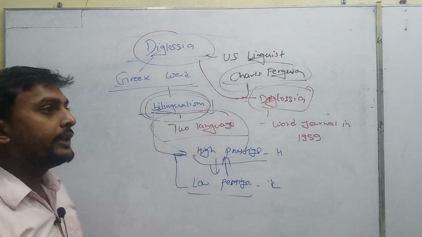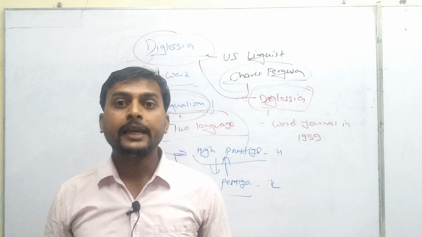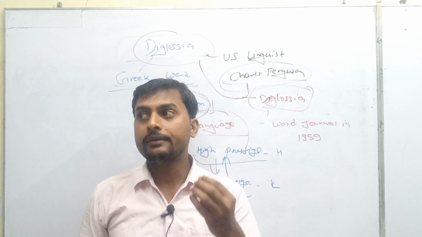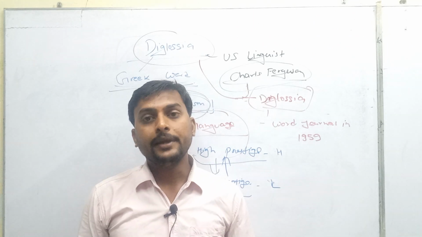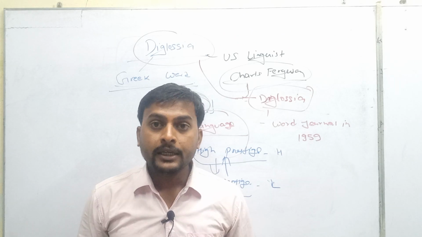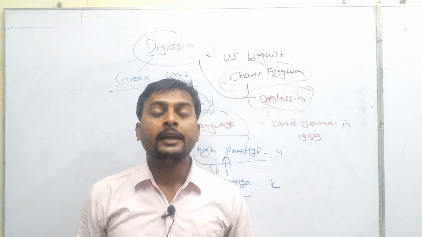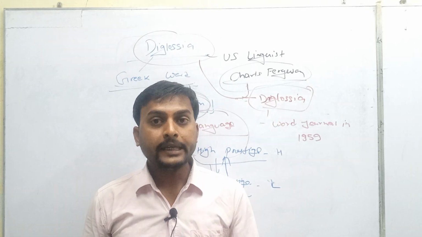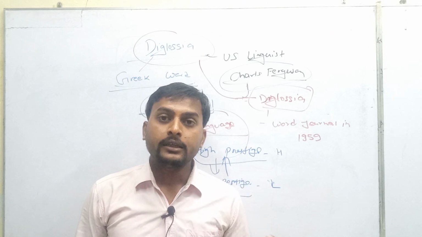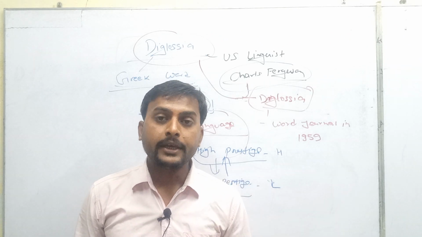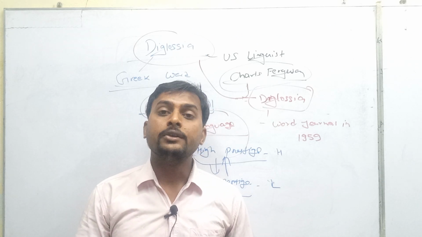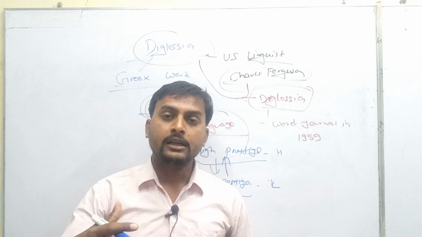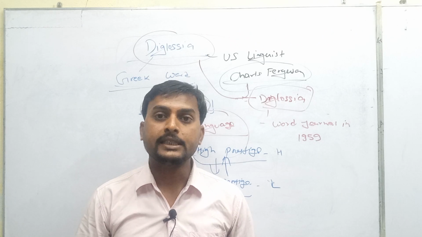Ferguson has taken an example, and his very famous quotation was that very often educated Arabs will maintain they never use L, meaning the low code, but in spite of that they use it constantly in their daily routines, or in their daily conversation.